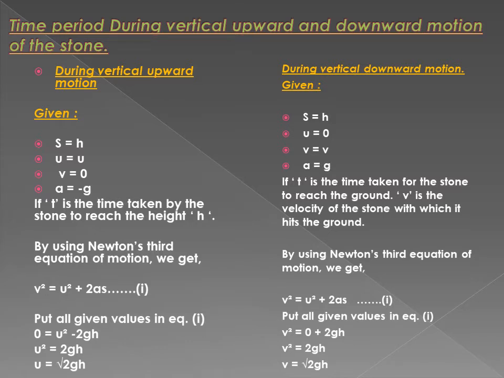Its acceleration due to gravity value is positive because the direction of the stone and the gravity are in the same direction. Now by using Newton's third equation of motion, v square is equal to u square plus twice as. By putting all given values, we get v is equal to under root of twice gh.